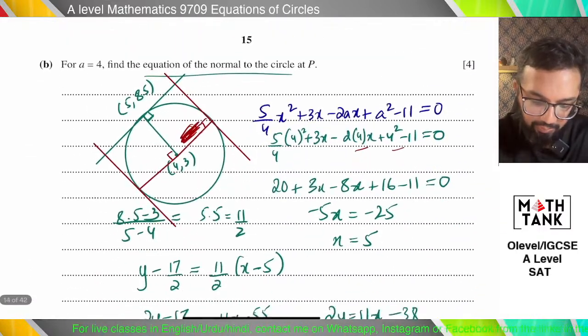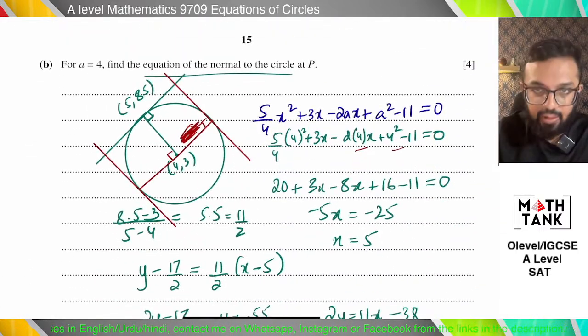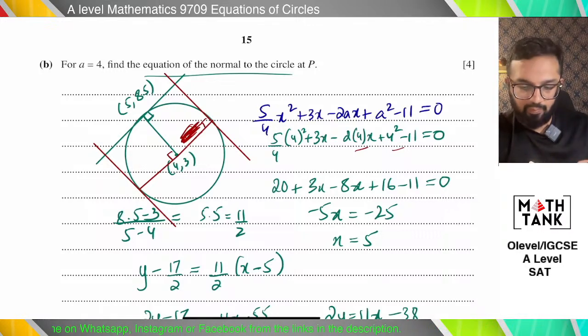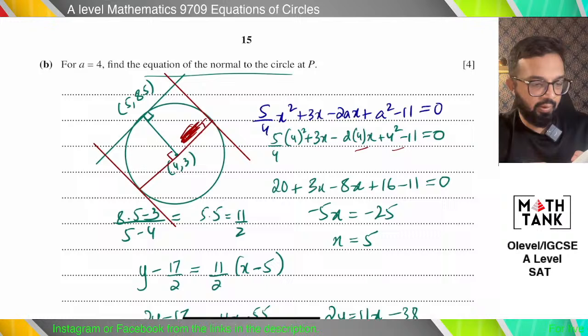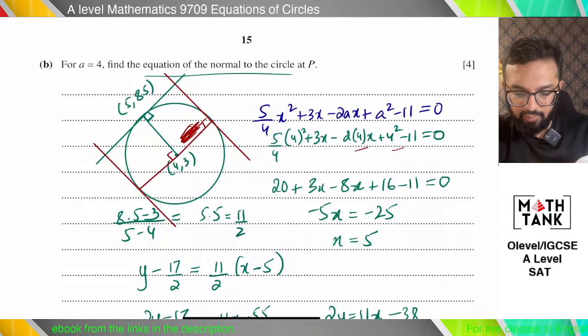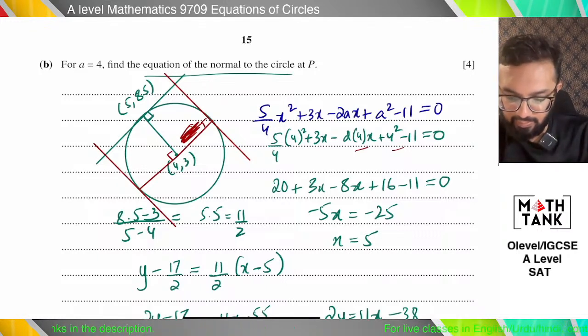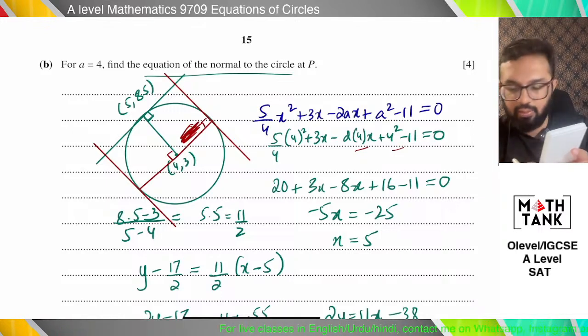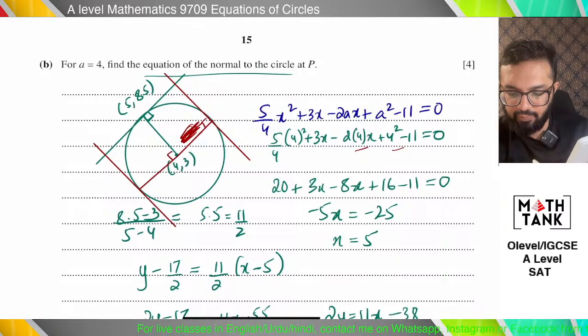It is not getting B right. What mistake have I made? Twenty, 3x minus 8x, 5.